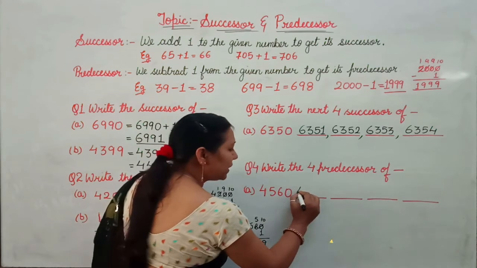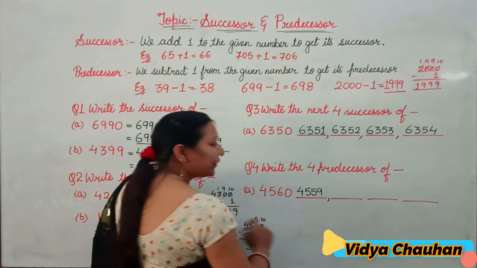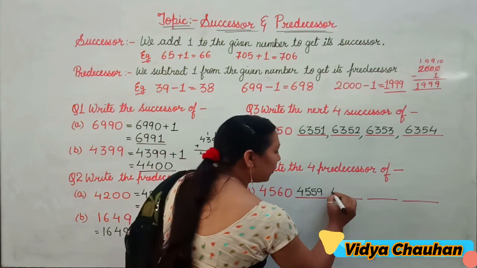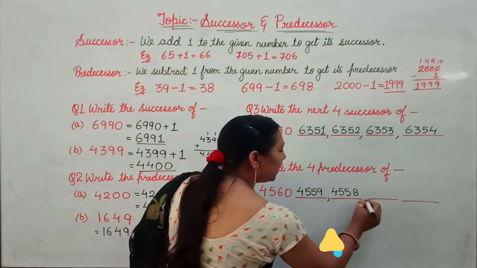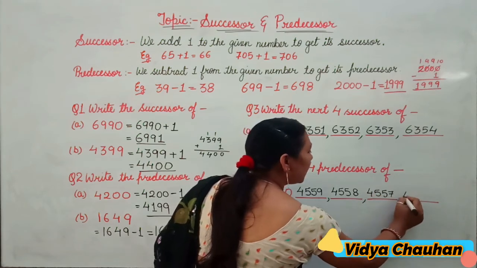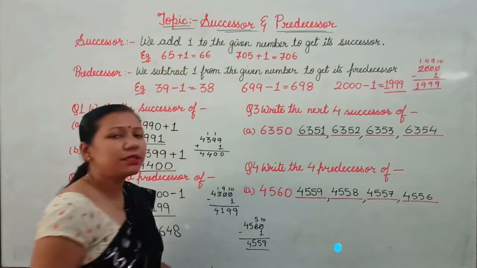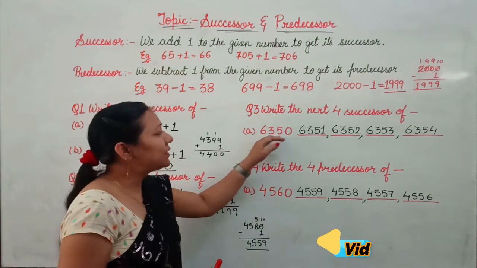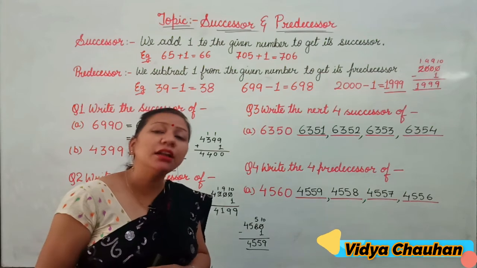So the first predecessor of this is 4559. After that, what is the value preceding this? 4558, 4557, and the last, 4556. So this is how you can find as many successors and as many predecessors for any given number.